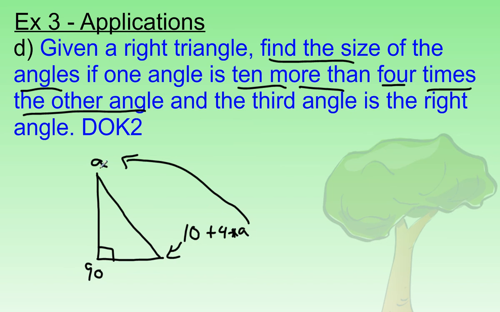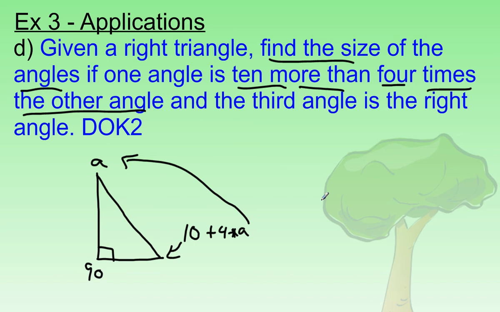So one angle is 90. One angle I just threw as some letter A for angle. And this angle is 10 more than 4 times this other angle. Now, how does that help us find out how big these angles are?